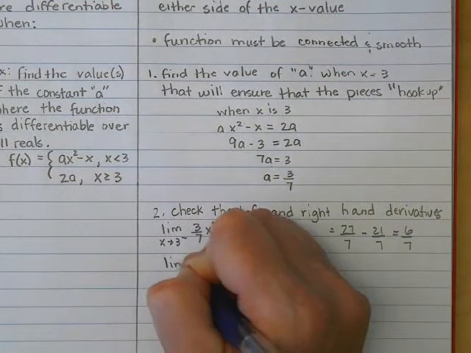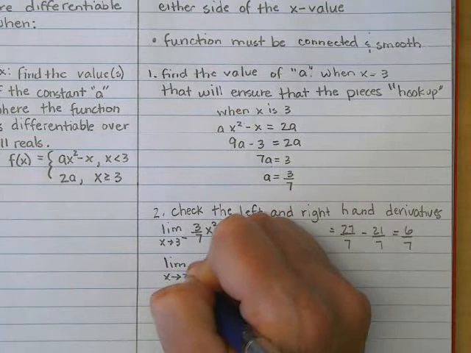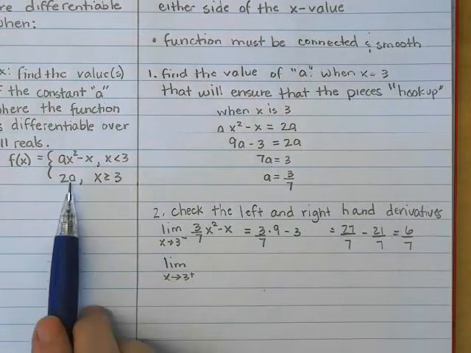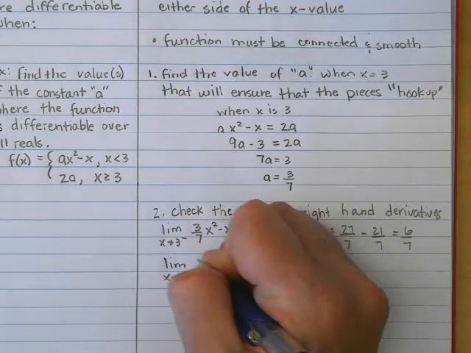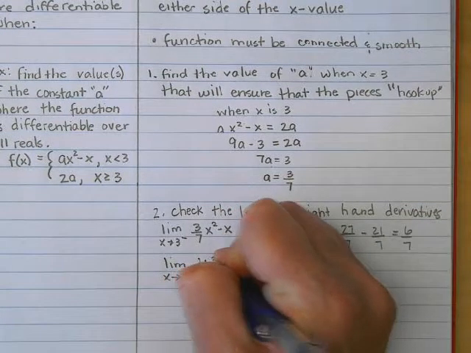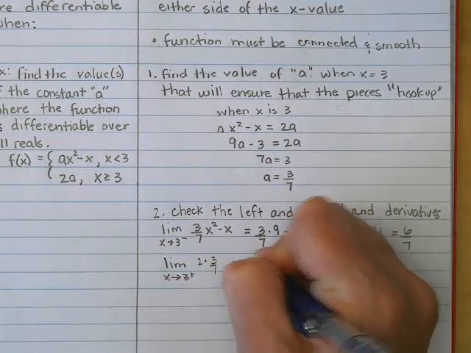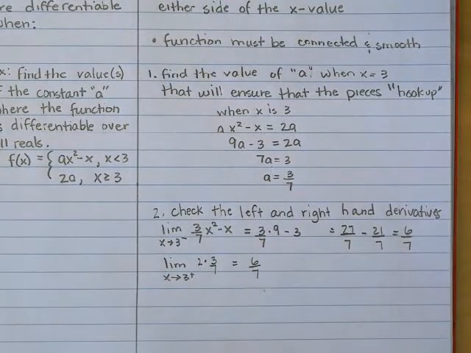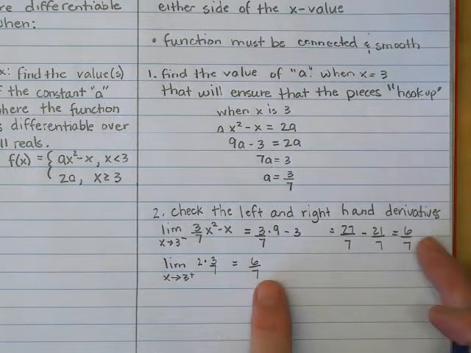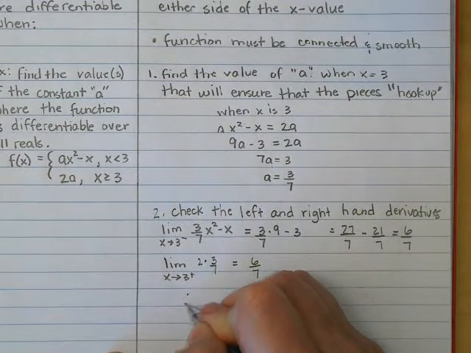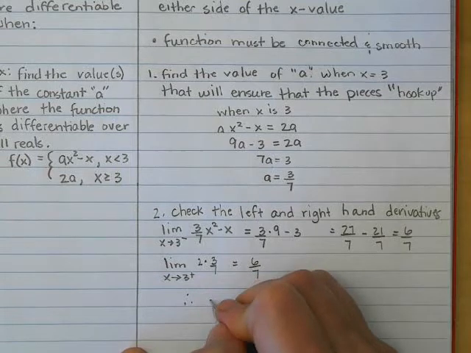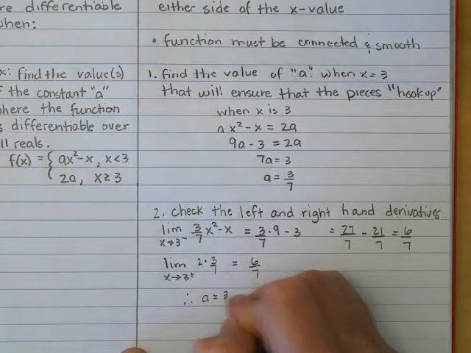Okay. The limit as x approaches 3 from the right, I'm going to use this function right here. A is 3/7. So I have 2 times 3/7, which is equal to 6/7. You have to show this work right here when you're doing this as a proof. So thus, I'm going to say that a is equal to 3/7.